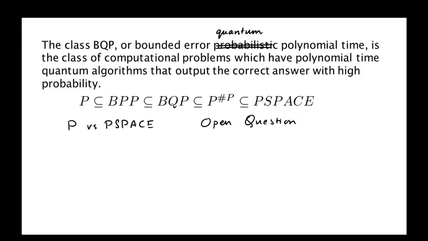We don't know how to prove it. So now you can see, if we could show that BQP is strictly larger than P and BPP, then we'd have shown that P is not equal to PSPACE, thus solving this major open question. And this is why we have to deal with this sort of evidence that BQP, that quantum polynomial time, is larger, that quantum computers violate this extended Church-Turing thesis.